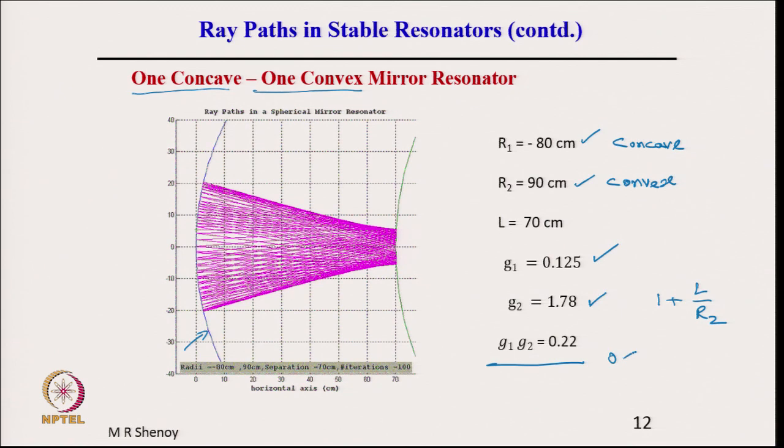So, it still satisfies 0 less than or equal to G1 G2 less than or equal to 1, which means it is a stable resonator. We clearly see in a stable resonator, when the rays are plotted, they are confined to the resonator.